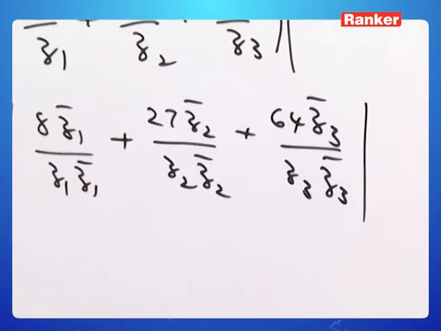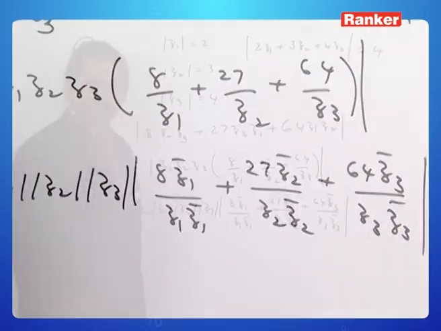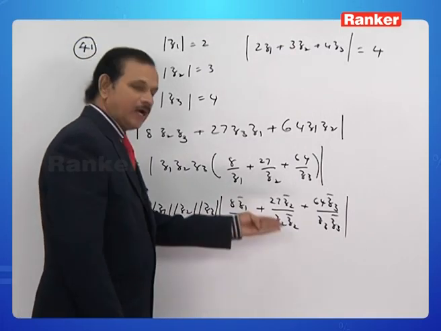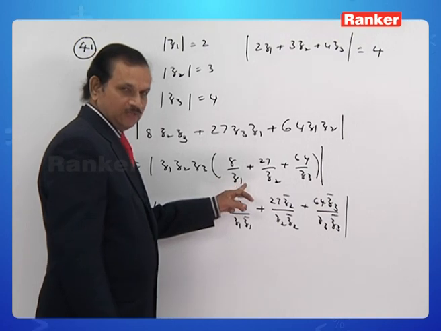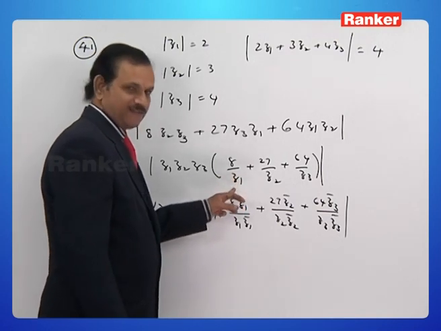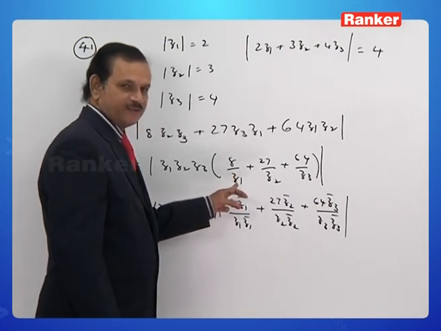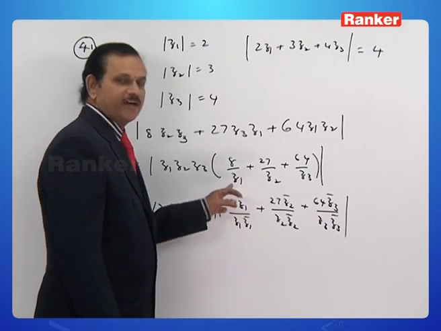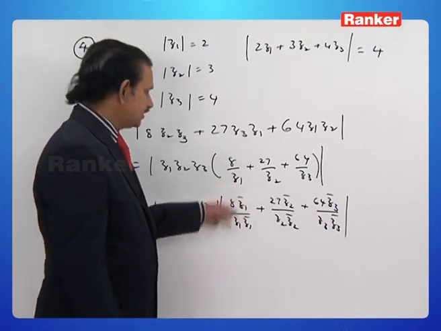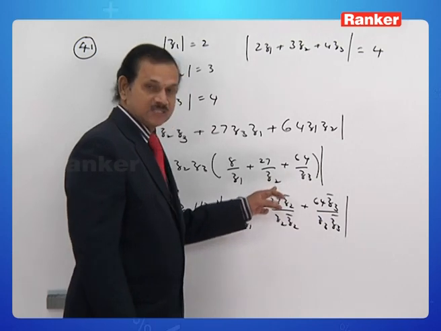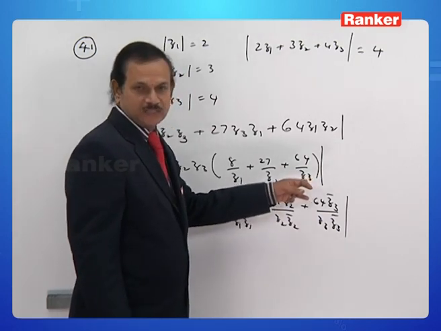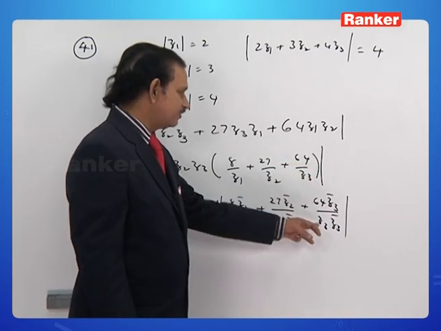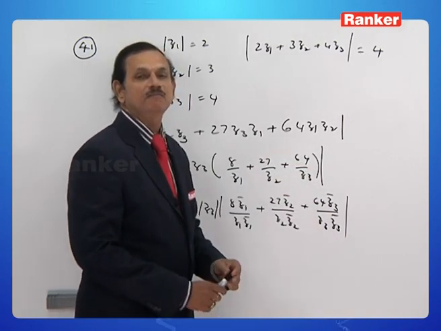You can easily recognize the step I have followed here. Here you are having 1 by Z1. I have multiplied this fraction, on both numerator and denominator, with the conjugate of Z1, that is Z1 bar. Similarly this with Z2 bar, the complex conjugate of Z2, and here the complex conjugate of Z3, that is Z3 bar.